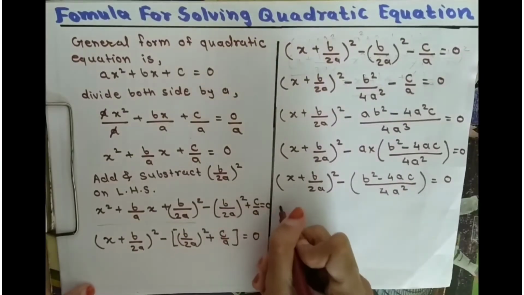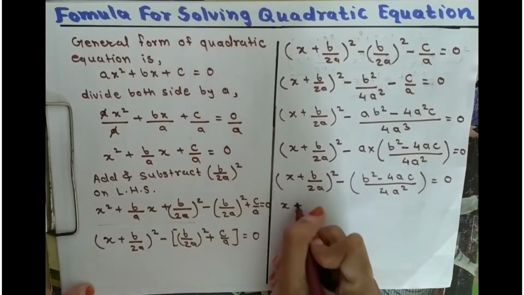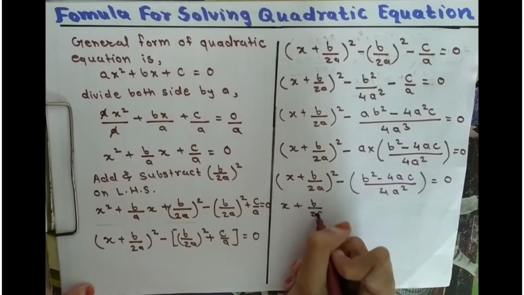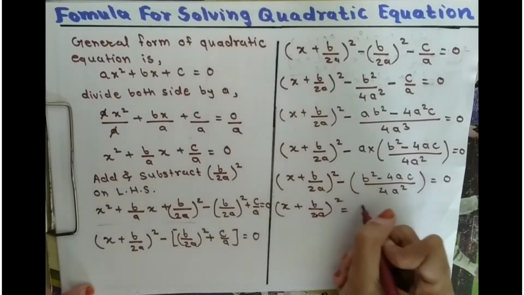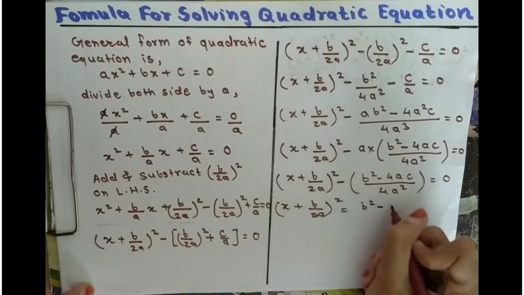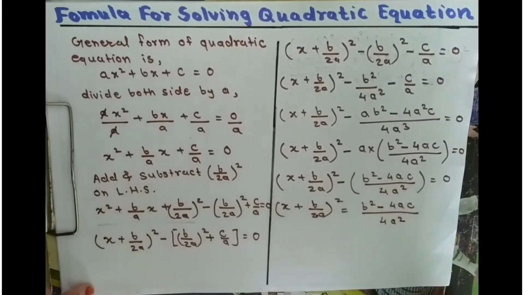So the next step: this minus goes to the other side as plus. So x plus b upon 2a bracket square is equal to b square minus 4ac upon 4a square.